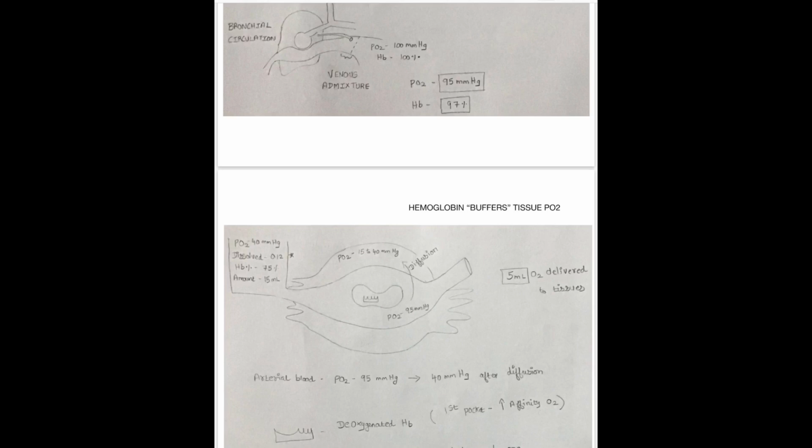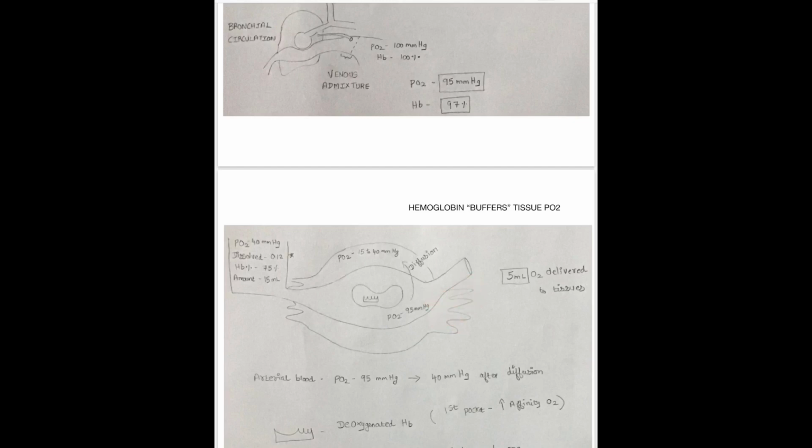So now we know that the partial pressure of oxygen in the oxygenated blood carried by the artery is how much? 100, and the hemoglobin saturation is 100. The amount of oxygen content in 100 ml of blood is 20.4.